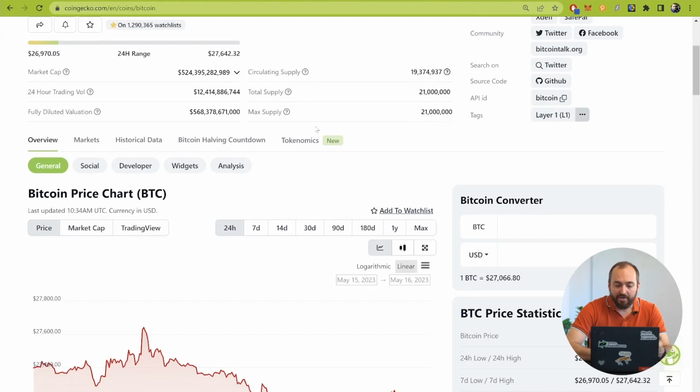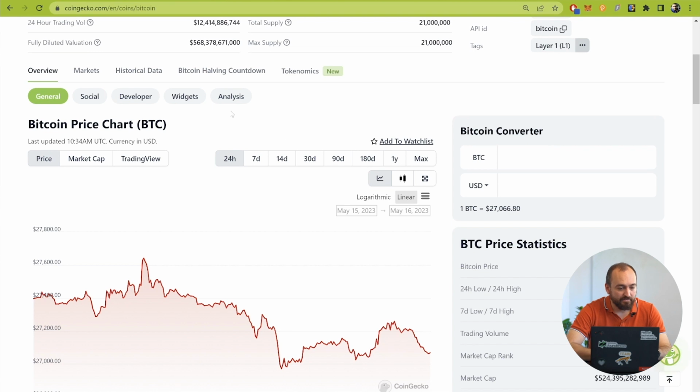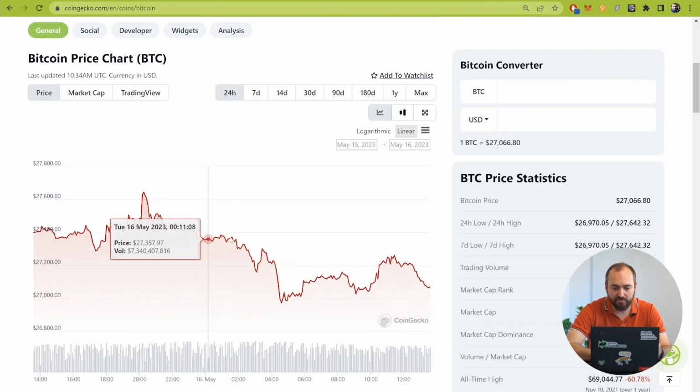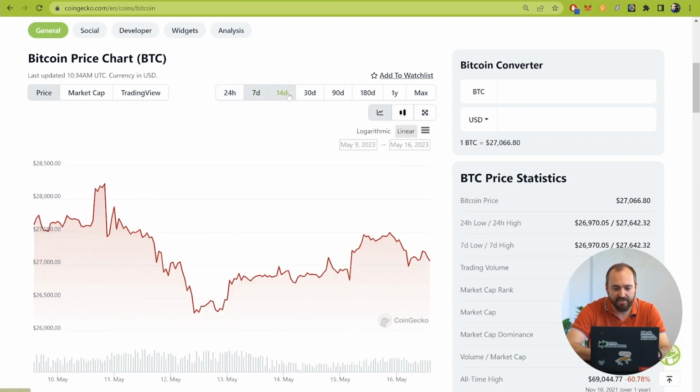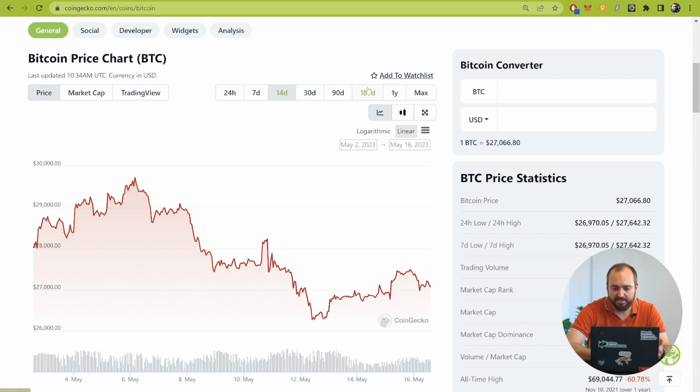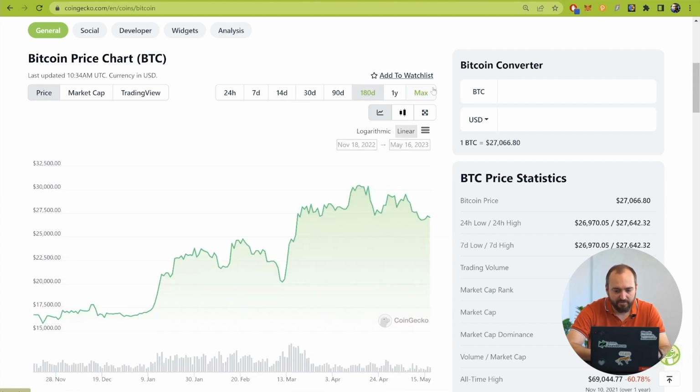And for Bitcoin there is an interesting moment: the circulating supply is over 19 million, but the total supply and maximum supply are 21 million, because for Bitcoin it is limited by a mathematical formula inside the software that provides the work of the miners. Okay, here we can check the historical price of Bitcoin: 24 hours, 7 days, 14 days, half year, maximum.